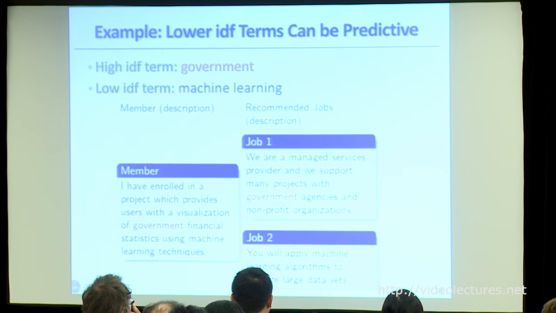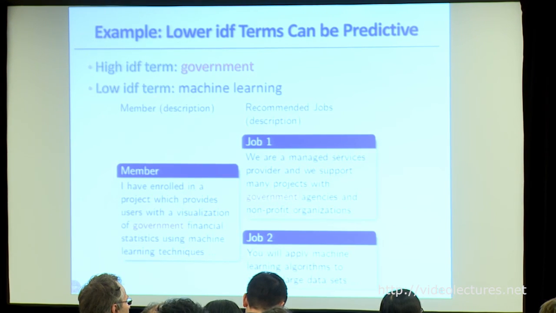Suppose we use TF-IDF to do the recommendation, and consider two very concrete words: the first is government, and the second is machine learning. It turns out that in LinkedIn data, government has a very high IDF, meaning it appears in fewer documents, so it is more unique than a keyword like machine learning. Machine learning has a low IDF, since it appears everywhere.